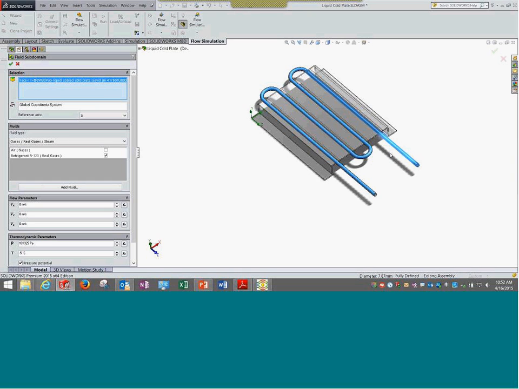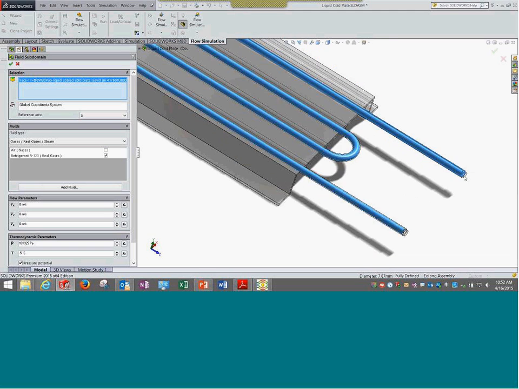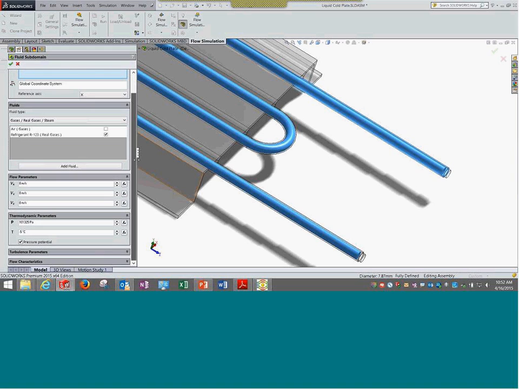Typically, it is good to select the inlets or the outlets. If it is a closed entity, it will treat it as a certain subdomain, and you have the option of selecting the kind of liquid present in that domain. In this case, it is refrigerant. That's what has been done.